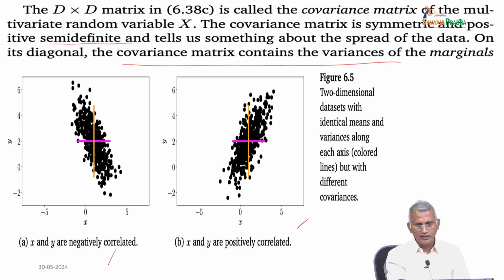The negative correlation is represented on the left and the positive on the right, and they are scattered in the same way. These are two dimensional data sets of identical mean and variances. So, like that we can bring in the ideas about symmetry.